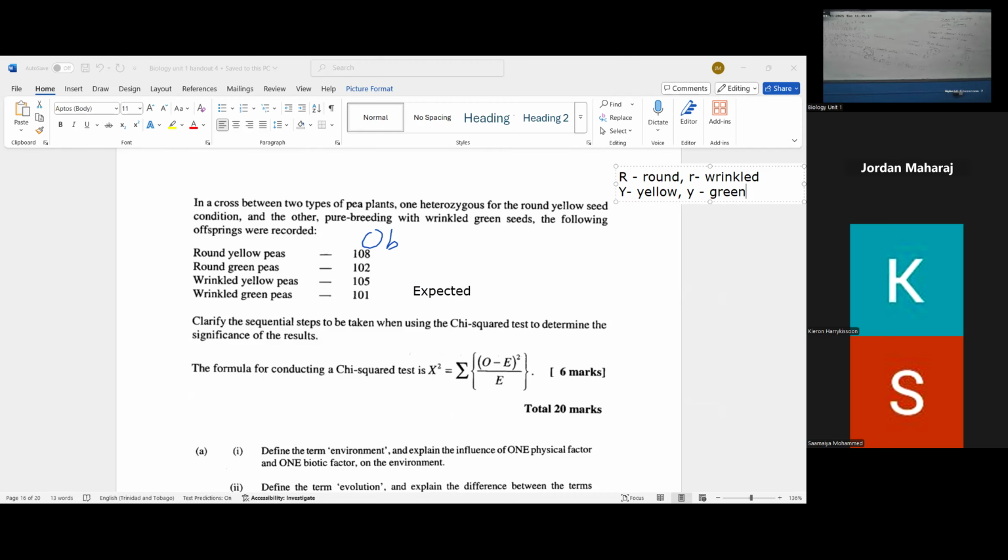So let's figure out the genetic identity of our organisms. The heterozygous round yellow seed, what would be the genotype?